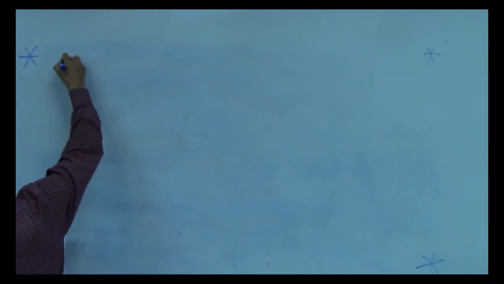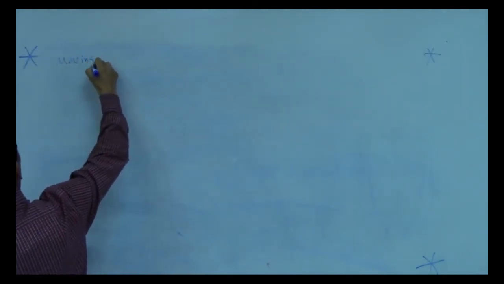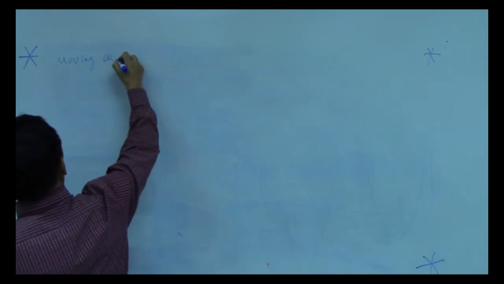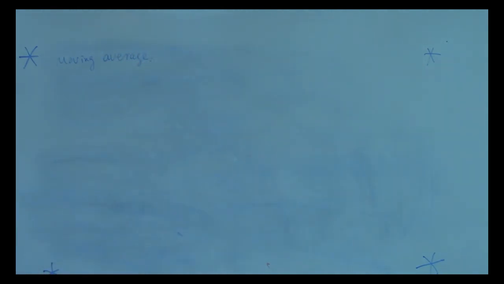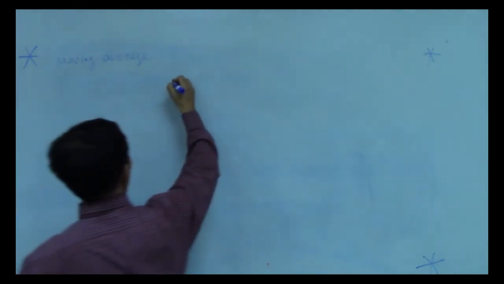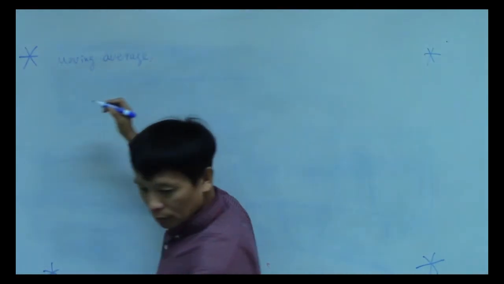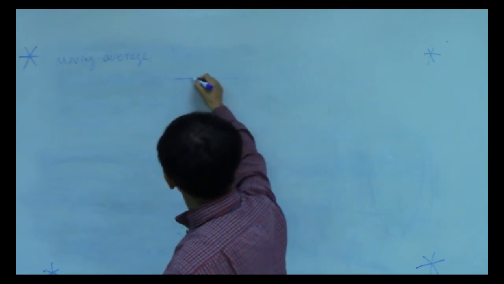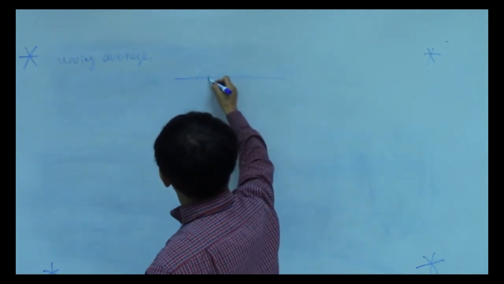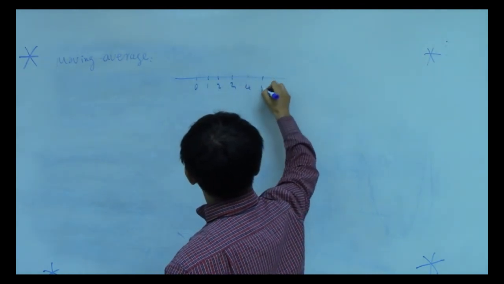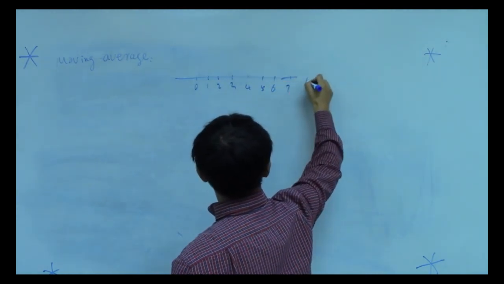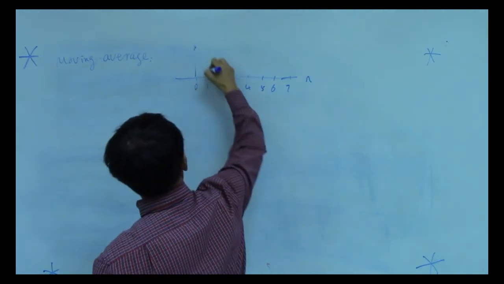We discussed these three so far. The next one is the moving average. Moving average means, for example, this is 0, 1, 2, 3, 4, 5, 6, 7, and this is n, and I have values here.